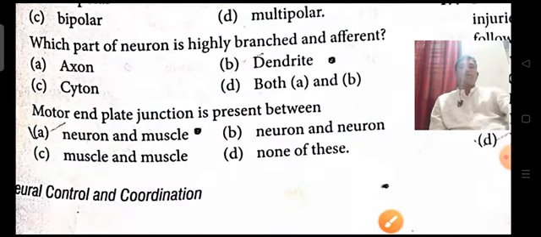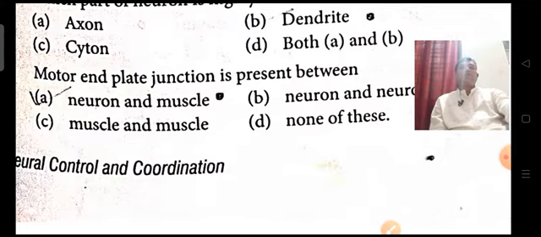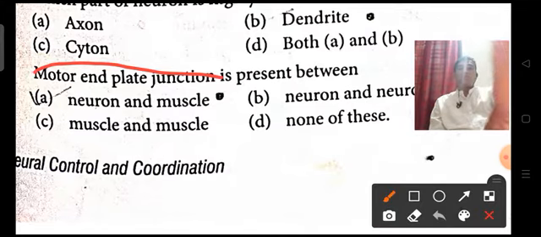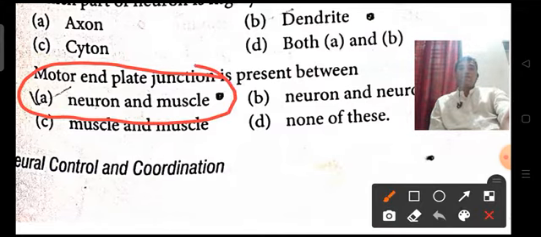Next, the motor end plate junction is between which structures? The muscle attachment to the nerve terminals is called the motor end plate. So the neuron and muscle give you the answer: the motor end plate is a combination of neuron and muscle cells.